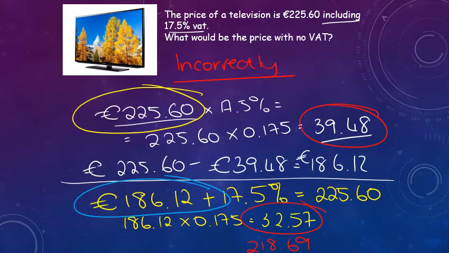Okay, so 17.5% as a percentage of that is different than 17.5% as a percentage of that. And VAT is always calculated on the price before VAT. So I can't calculate VAT based on the price after. I hope that makes sense.